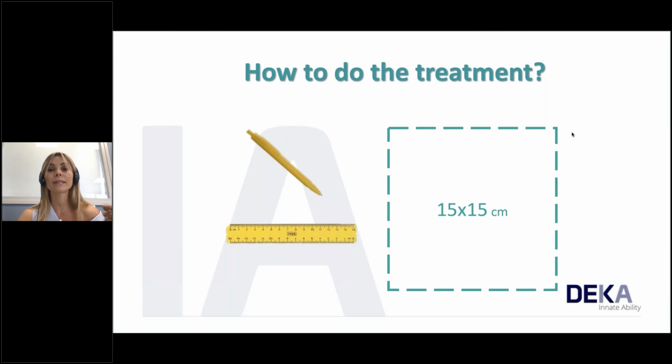So it's not necessary to perform squares very, very close together, because we can take advantage of the improvement even on the adjacent area. And this is the area in which we have to deliver the right dose with the right power. It's important to know that no more than 6 squares can be performed.